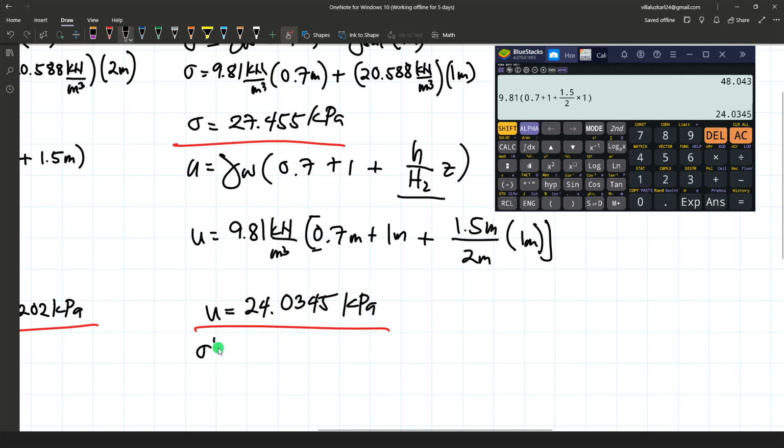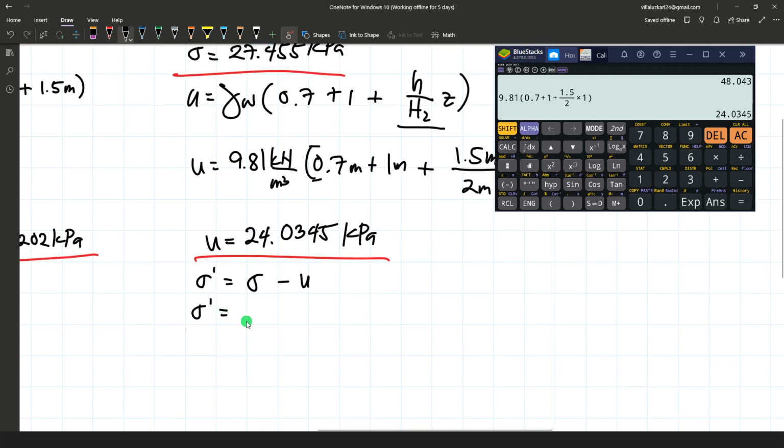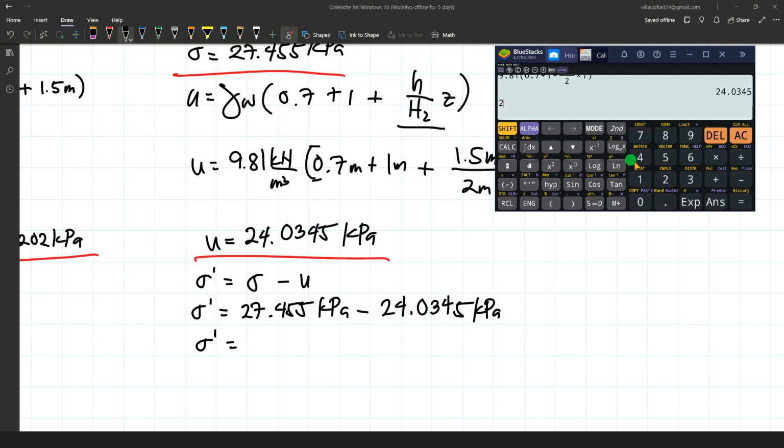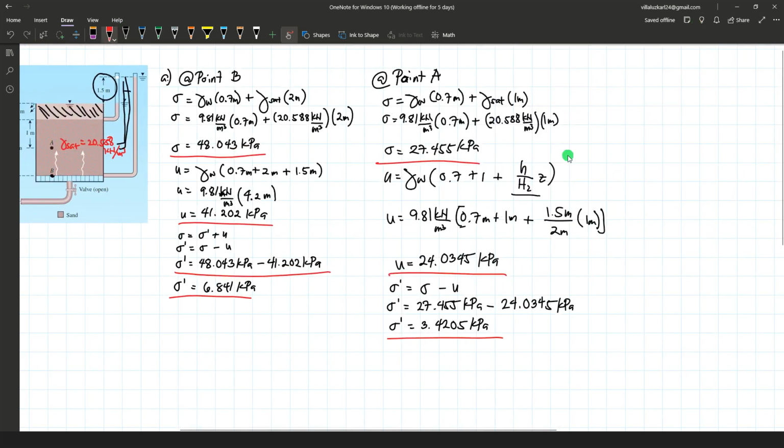Therefore, the effective stress is total stress minus pore water pressure: 27.455 kilopascal minus 24.0345 kilopascal, which is 3.4205 kilopascal. Okay, that's your answer for letter A.